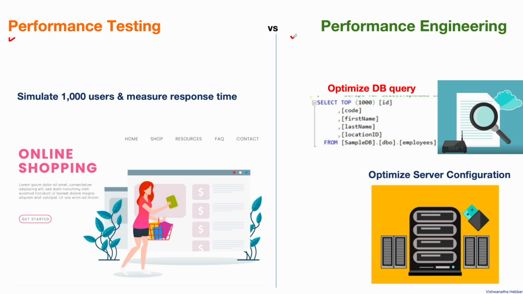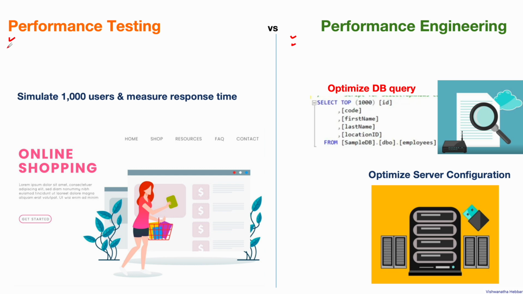In performance engineering, you will be checking the design, optimizing the system and maintaining it in such a way that it efficiently performs under all conditions. In performance testing, our main focus will be identifying the performance issue like slowness or failure. And in performance engineering, we need to identify the root cause of the problem, suggest the solution and fix the problem so that the system can perform efficiently.